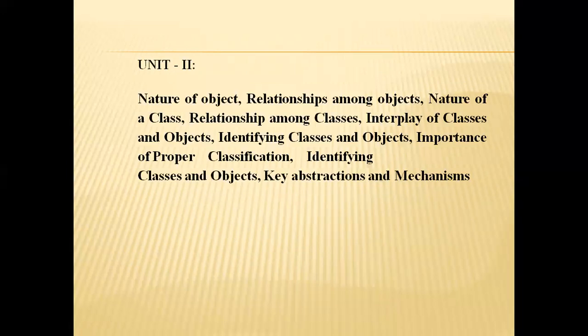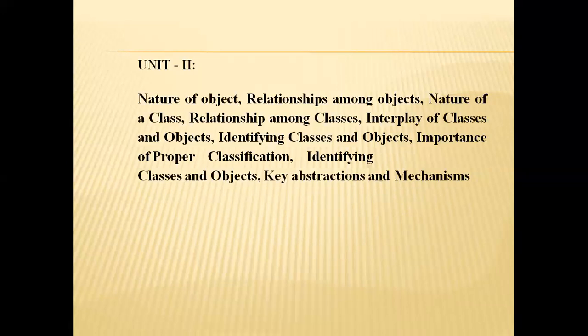In a library management system, the common structure is that a book has an author, a title, a number, and an accession number. It has some properties, and the same holds for a class. There are four relationships among the classes, then the interplay of classes and objects, and identifying the classes and objects.